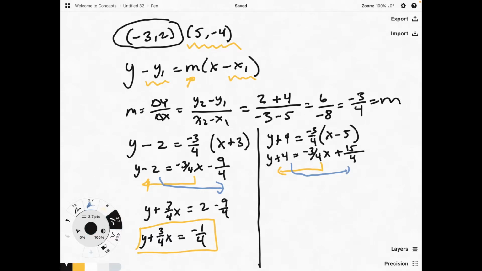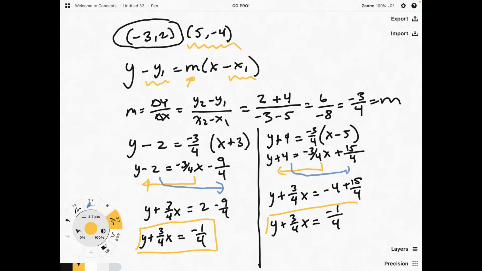In this case, we get y plus 3/4 x equals -4 plus 15/4. When we simplify, we get y plus 3/4 x equals -1/4. And we see that this is the exact same answer. It doesn't matter which point you use, either will work and give you the exact same answer.